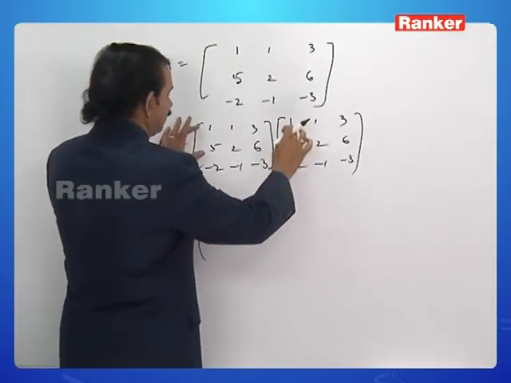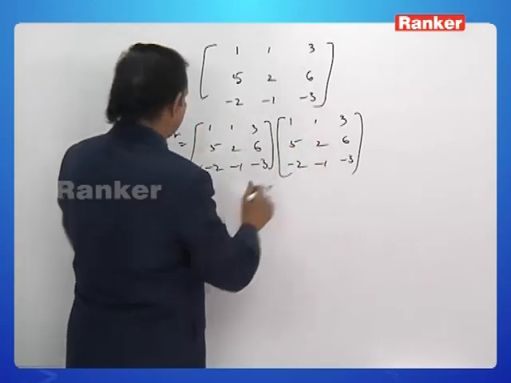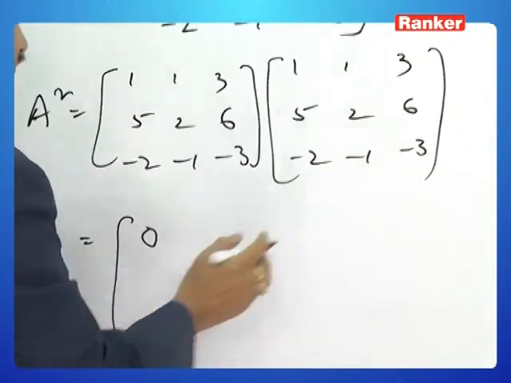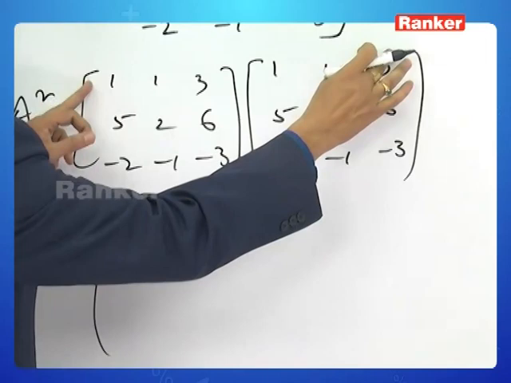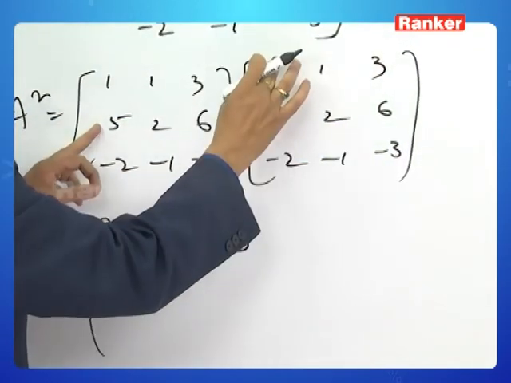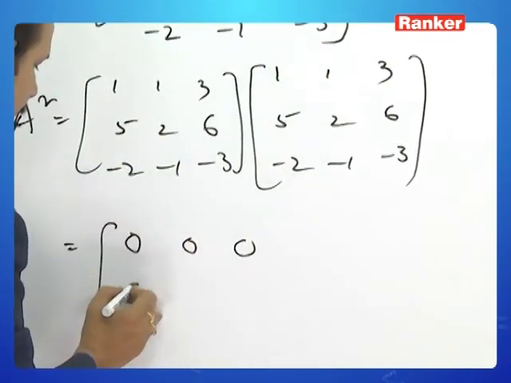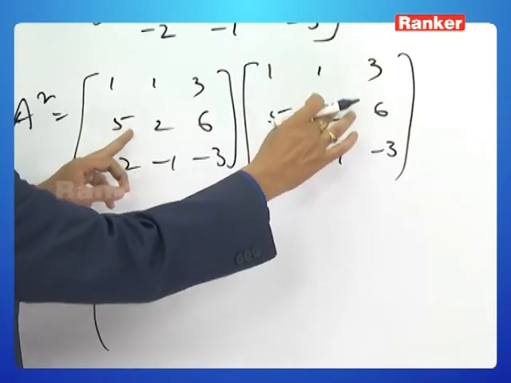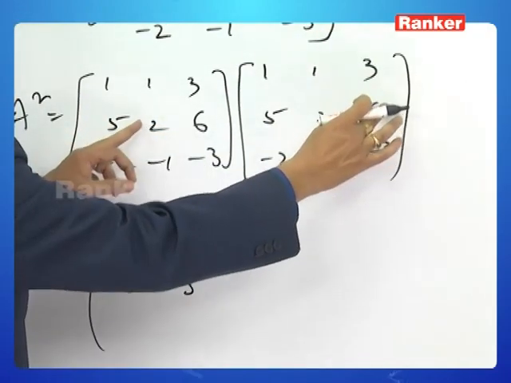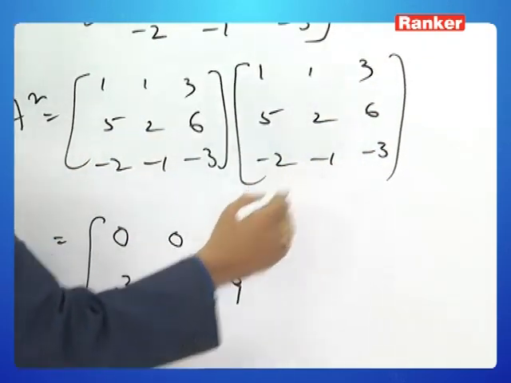First row, first column: 1 plus 5, 6, minus 6, 0. 1 plus 2, 3, minus 3, 0. 3 plus 6, 9, minus 9, 0. Second row: 5 plus 10, 15, minus 12, 3. 5 plus 4, 9, minus 6, 3. 15 plus 12, 27, minus 18, 9.